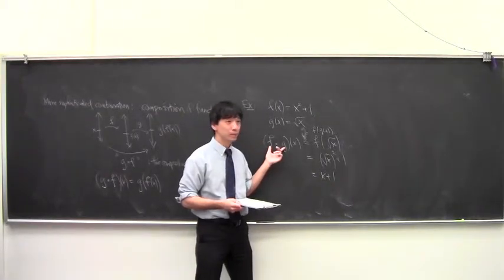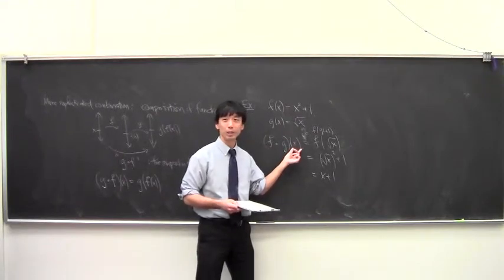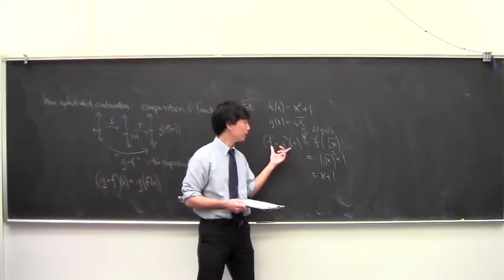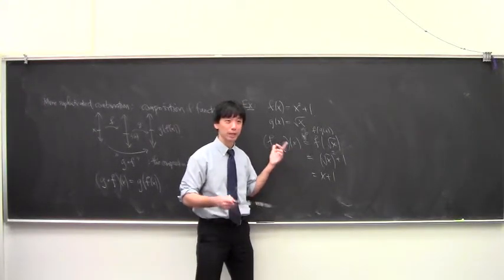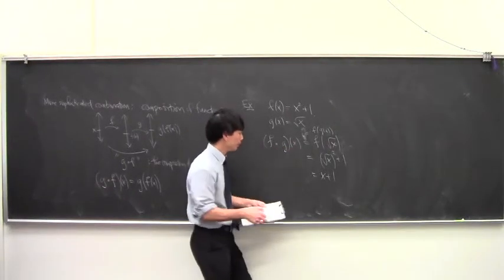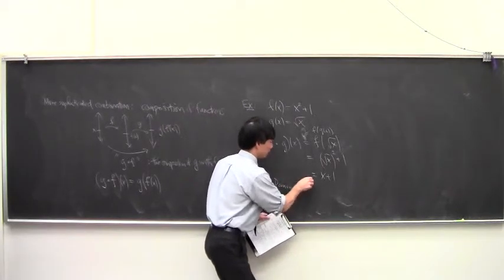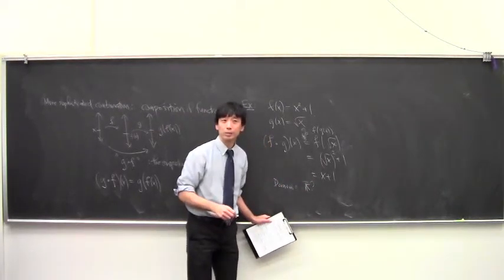So the domain is, what are all acceptable x that you can put into it? What kind of x will this function accept? Robert? Real numbers. All real numbers? Is it all of R? Other possibilities?